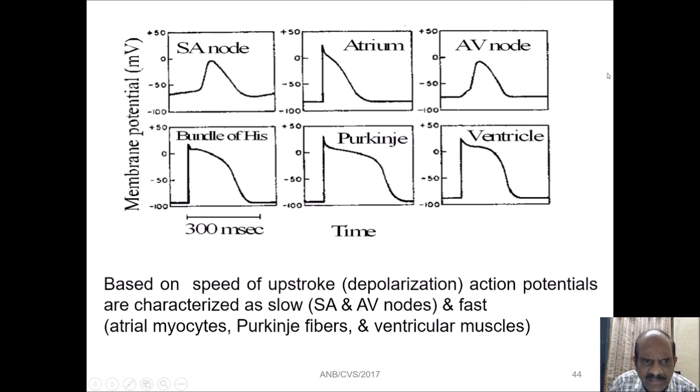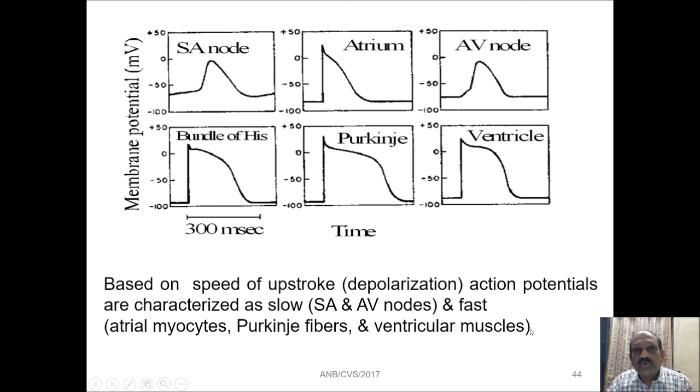Here you will find that based on the speed of the upstroke, that is depolarization, action potentials are characterized as slow action potentials, which are present in the SA and the AV nodes, and fast action potentials, present in structures like the atrial myocyte, Purkinje fibers, and ventricular muscle.